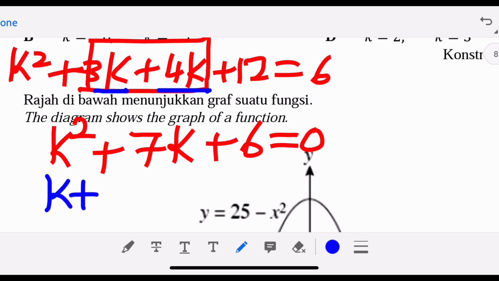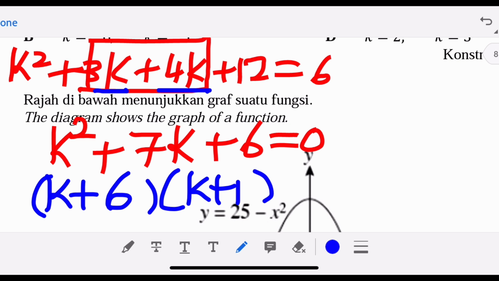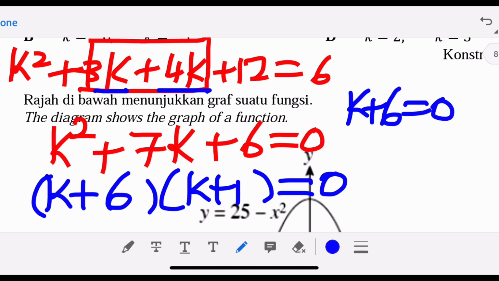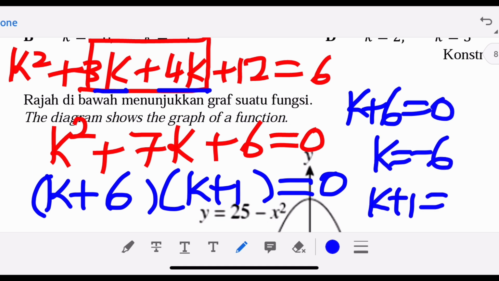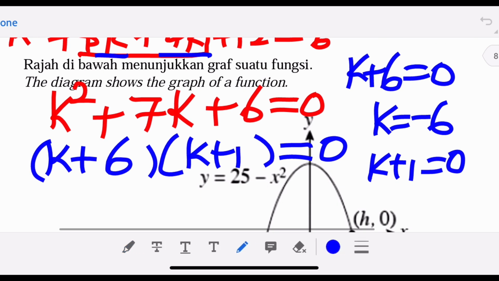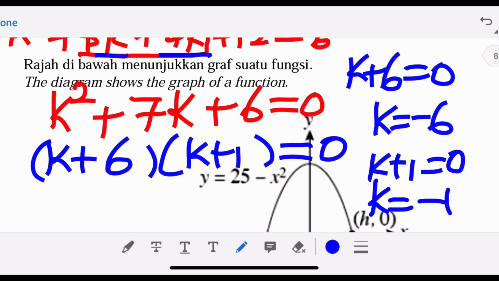This one you can use a calculator, right? I think some of you don't depend on a calculator, right? So it's good. So you just factorize, and then after that you let the factor equal to 0. K plus 6 equals 0, so K is negative 6. K plus 1 equal to 0, and then K is negative 1. Can you understand?